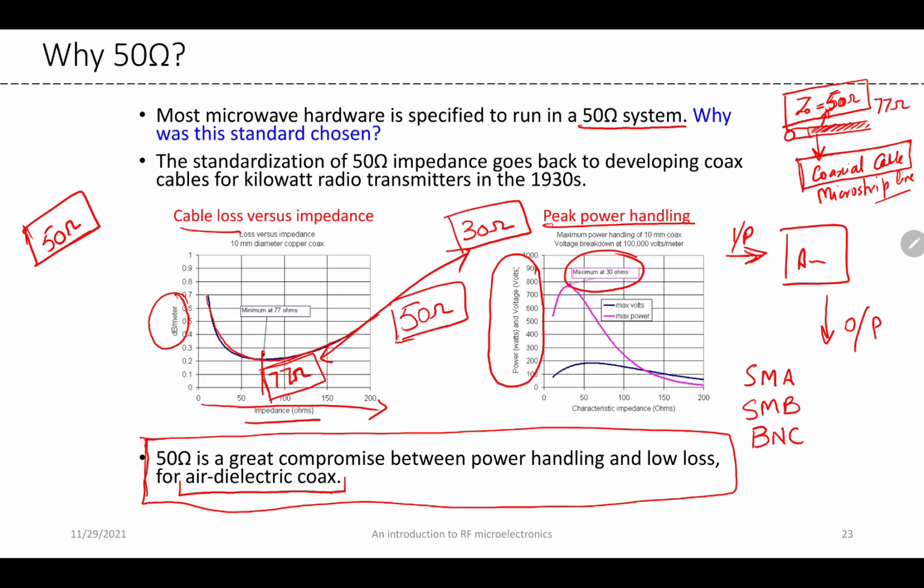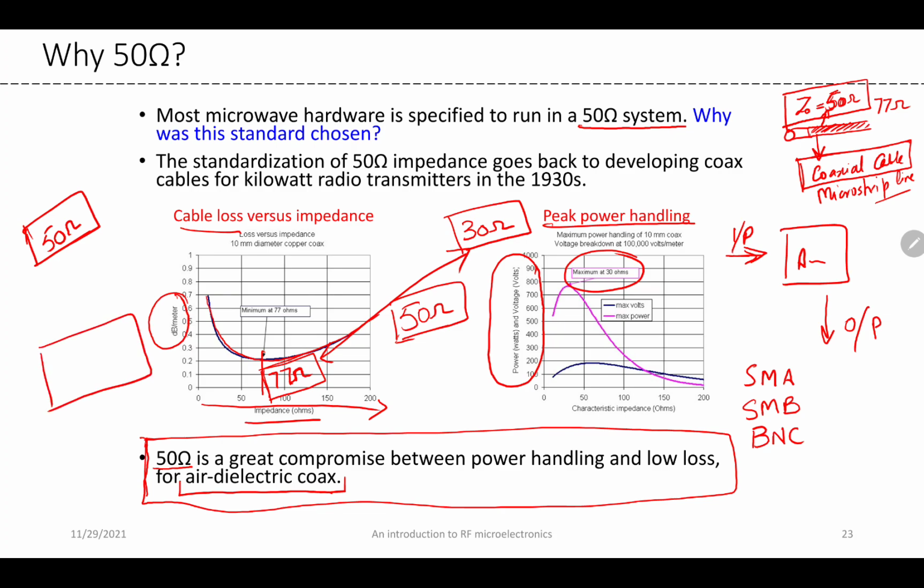So all measurement equipments, you'll find most of them working on a 50 ohm standard. All of the input ports and the output ports of those measurement equipments will be 50 ohm terminated. They expect that the devices which will be connected to them will be 50 ohms.